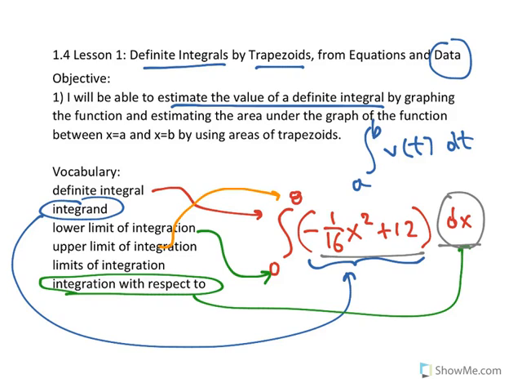So we were able to approximate the value of a definite integral by graphing the function and estimating area under the graph of the function above the horizontal axis between x is equal to a and x is equal to b by using areas of trapezoids. And when you have trapezoids of equal heights, you can simplify the calculations by using the trapezoidal rule. And we looked at how that came about.